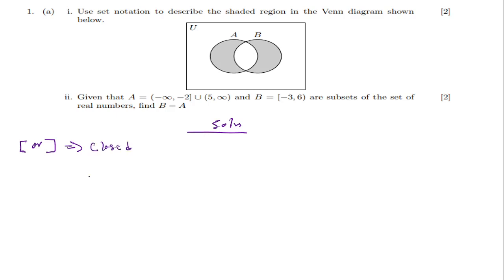This type or that type means it's an open bracket. A closed bracket goes with a shaded circle on a number line, and an open bracket goes with an unshaded circle on the number line. Now, the statement is saying both A and B are subsets of real numbers.